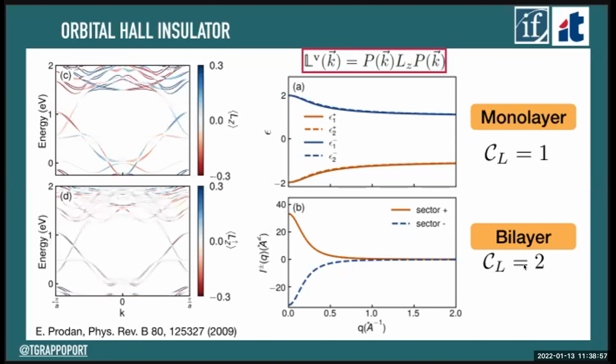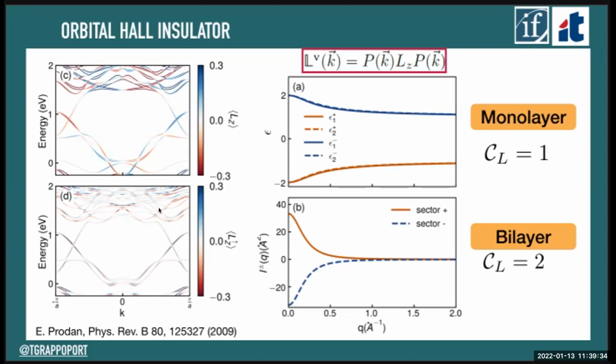Well, we can now go back to the DFT calculations and look at the ribbon. If we cut the system in a ribbon and look at the LZ projection of these states, for the monolayer, we can see that there is this LZ K locking, because in K and K prime we have a different polarization of LZ, which is clear here.